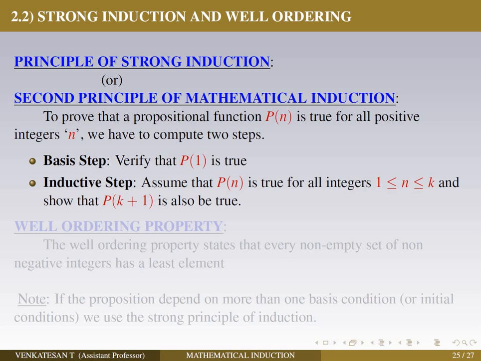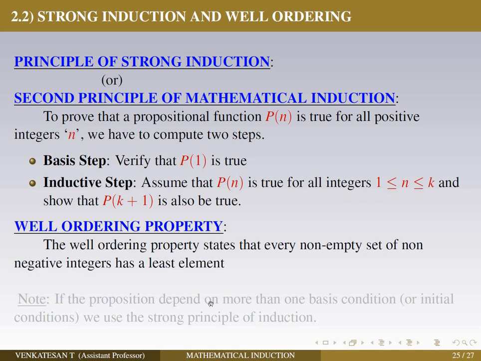But in principle of strong induction, while inductive step, our assumption is P of n is true for all integers which lie between 1 and k. Remember, in mathematical induction, we considered directly P of k as true. But here we are considering all integers which lie between 1 and k are true, and we are going to prove the same P of k plus 1 is true here.